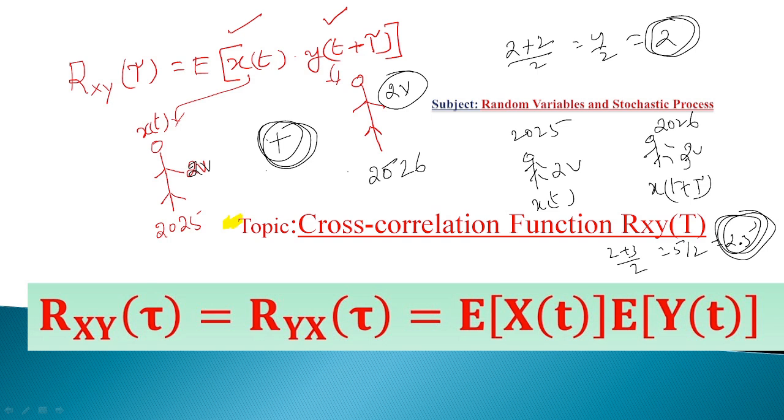And coming to the proof, I will explain here. We are discussing cross correlation, denoted with Rxy of tau. If you go for autocorrelation, it is Rxx of tau.